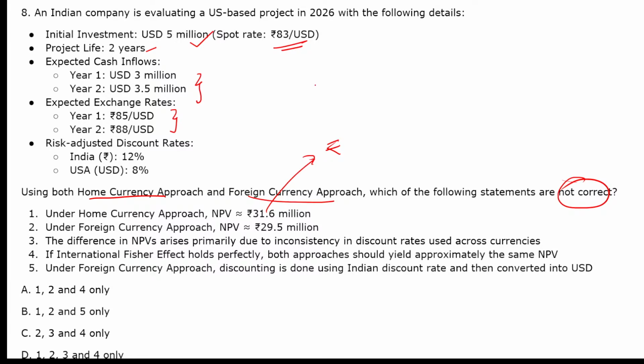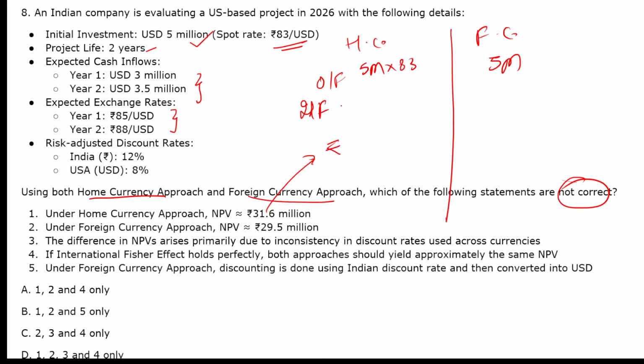Initially, my outflow is, this is home currency, this is foreign currency. Outflow will be 5 million into 83. For foreign currency, it will be 5 million only. Your inflow for home currency will be 3 into 85 and 3.5 into 88, and you have to calculate the present values.